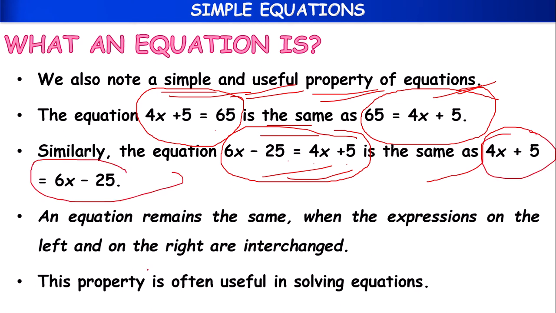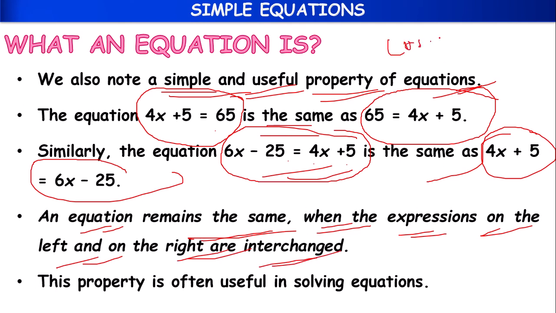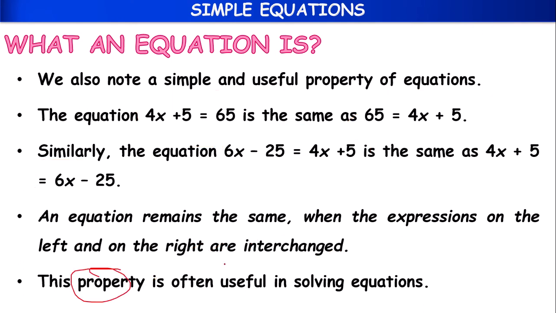Means an equation remains the same when the expressions on the left hand side and right hand side are interchanged. If LHS equal to RHS, if we interchange them, then the resulting expression also will be an equation. Like previous equation. So this property is often useful in solving equations.